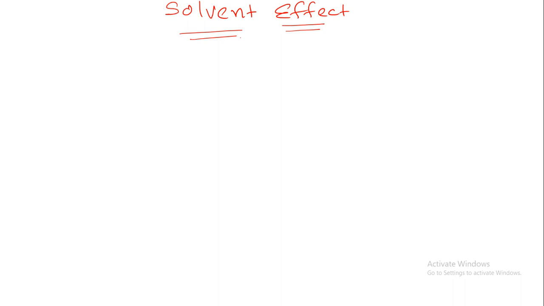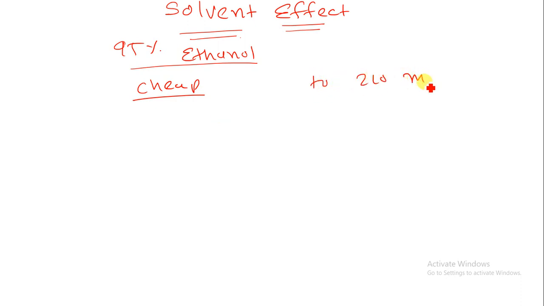The most commonly used solvent is 95% ethanol, frequently used for UV spectroscopy because it is cheap, not very expensive, and transparent down to 210 nm.